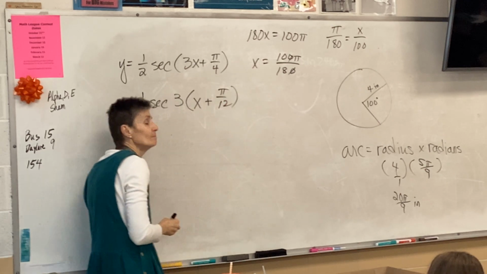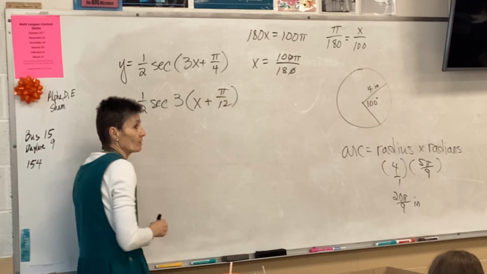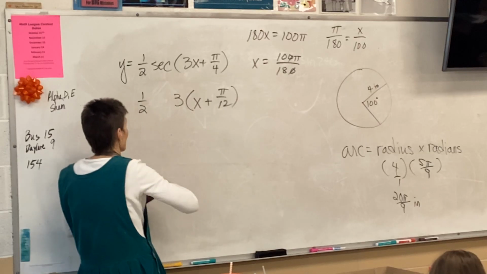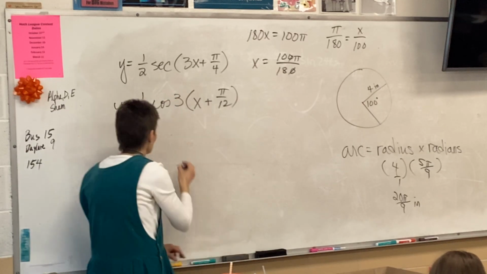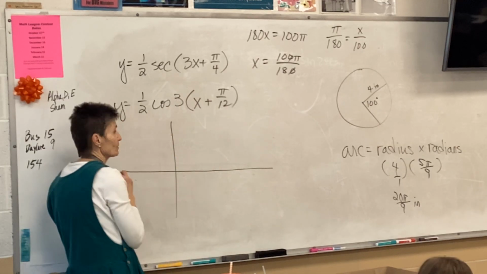Very, very good. 3 times the 12 is beautiful. And I said I was going to think about it as a cosine. Make that cosine. All right, so now what is that going to look like? I'm going to graph a cosine.